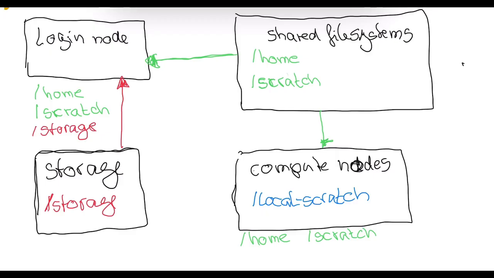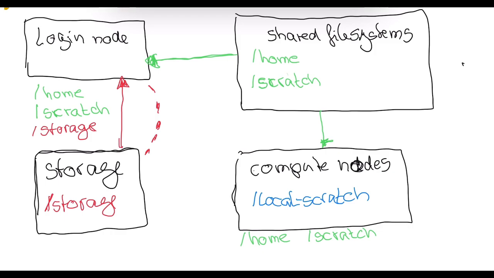A lot of HPC centers will actually put a data mover in between the login nodes and the storage that will allow users to move data from when they're on the login node to the storage, basically.